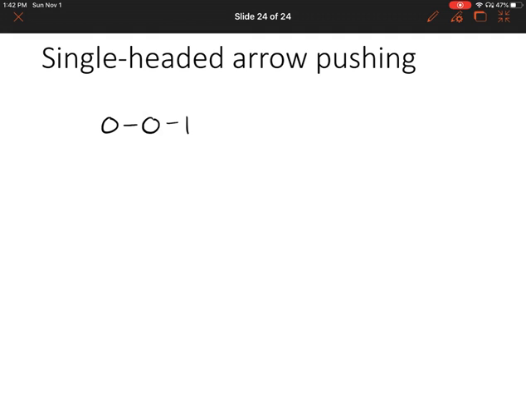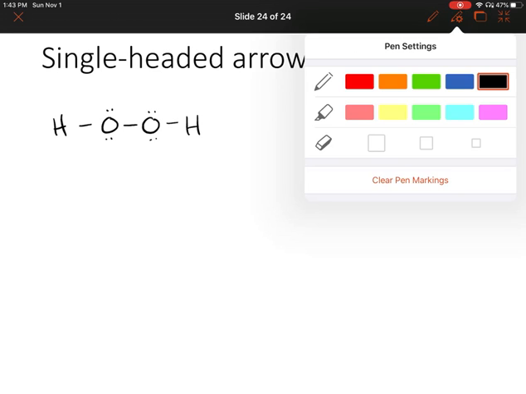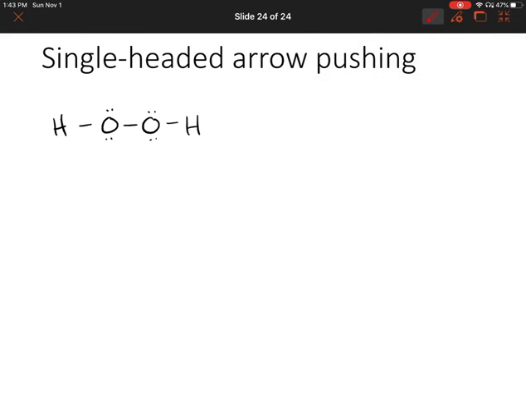And it's arranged like this, where we have two oxygens in the middle and a hydrogen on either end. Now, hydrogen peroxide is an oxidizer, and what can happen is the shared electrons between the two oxygens can split apart.